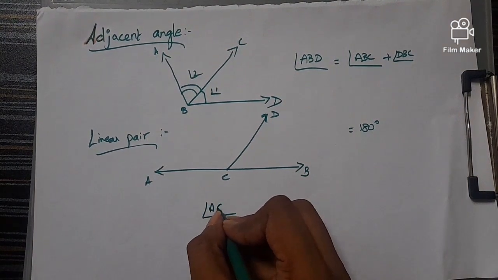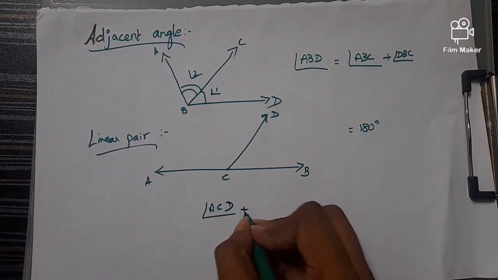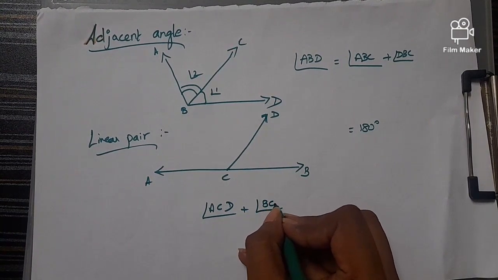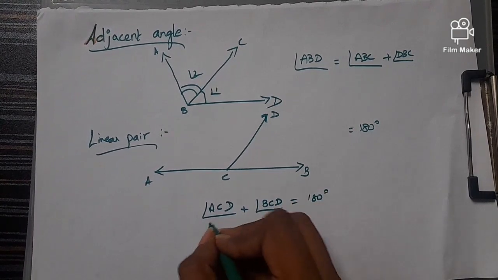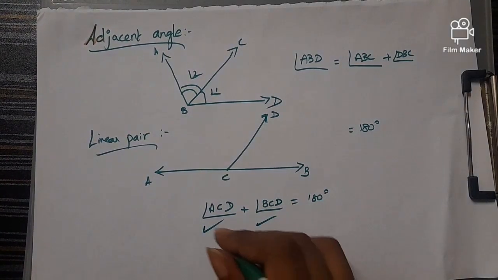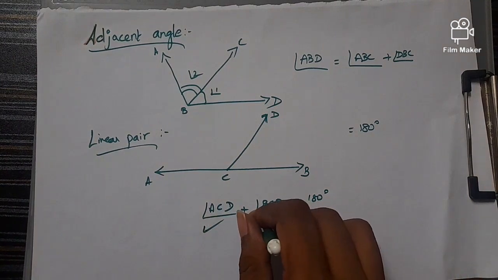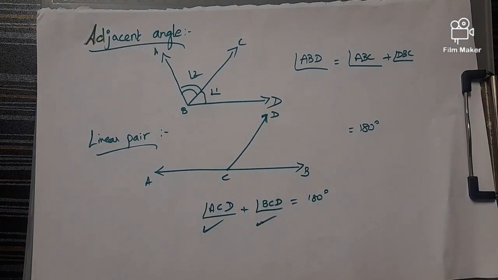Angle ACD plus angle BCD is equal to 180 degrees. Both these angles, ACD as well as BCD, are linear pair angles. When the sum of two angles gives you 180 degrees, these two angles are linear pair angles. So this is your linear pair definition.